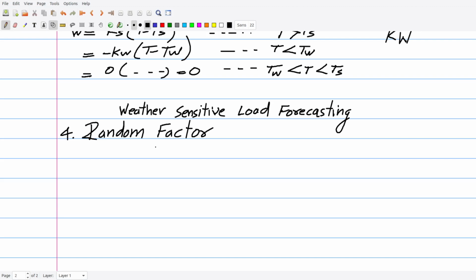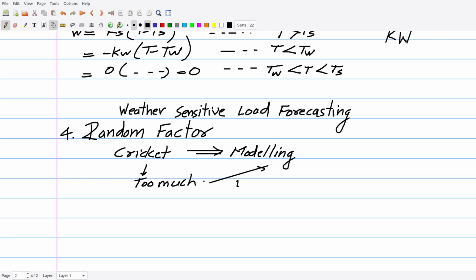They cause a random factor which also creates problems. The occurrence of the event is known, but it is difficult to model. You know that there is a cricket match, but modeling is difficult because the parameters are too many, and it is very difficult to monitor which parameters may cause what. This is one example. Likewise, all examples come into this.